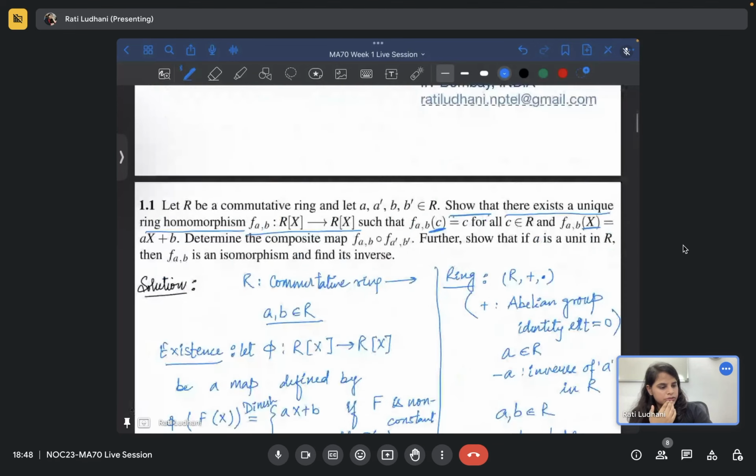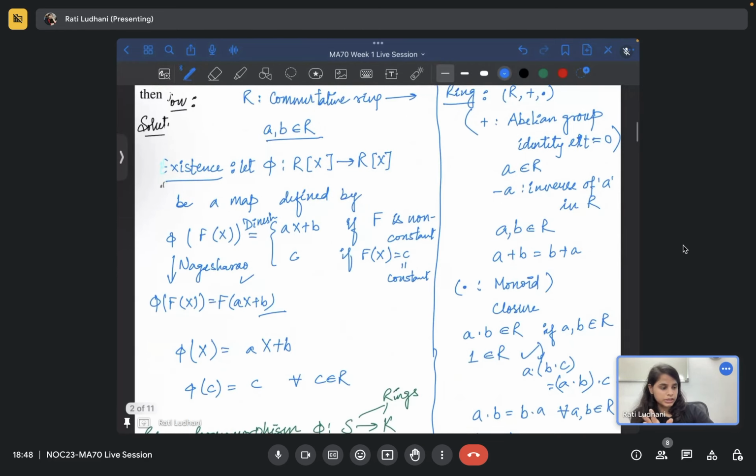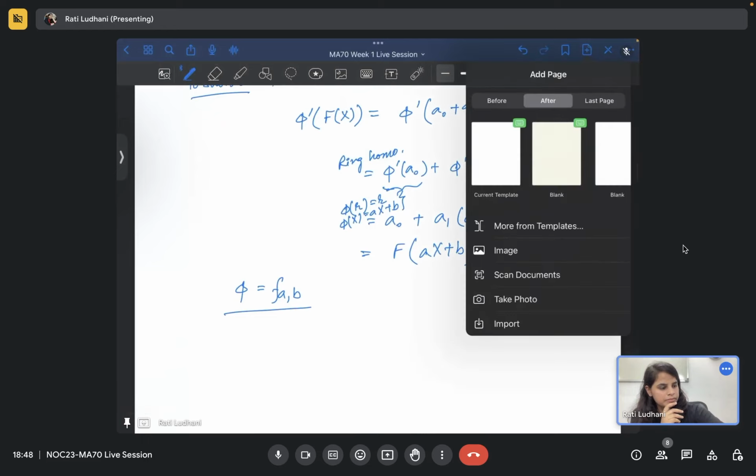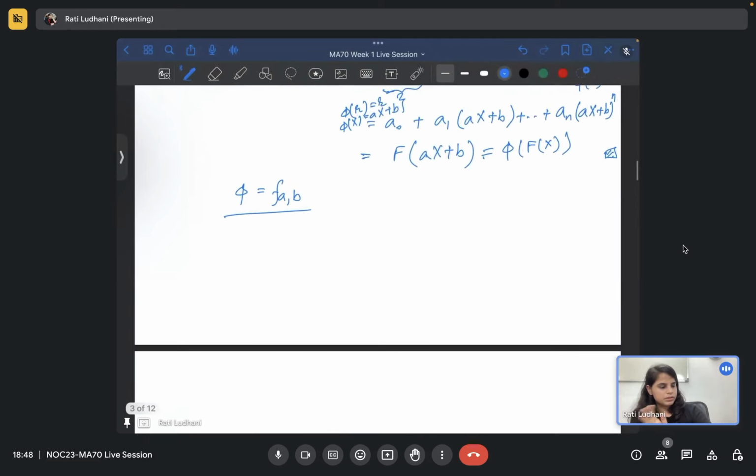Now what does this say? Determine the composite map f_{a,b} composed with f_{a',b'}. Now we know that this is a unique map, so let's define phi to be f_{a,b}. Now f_{a,b} over any element of R[x] will be f of (ax plus b).